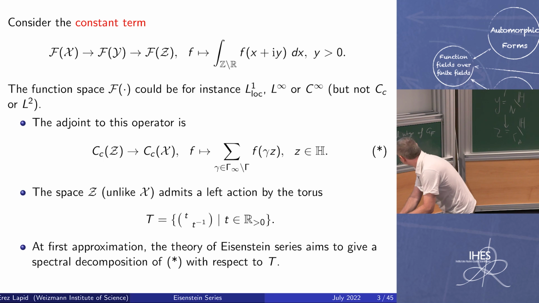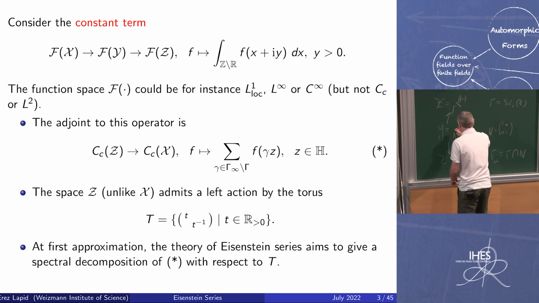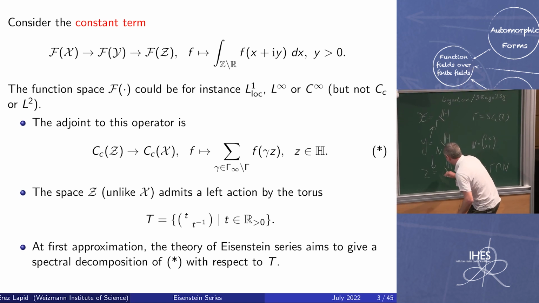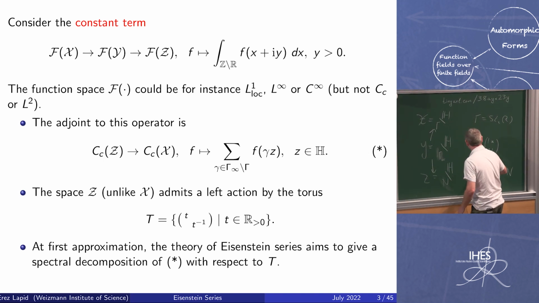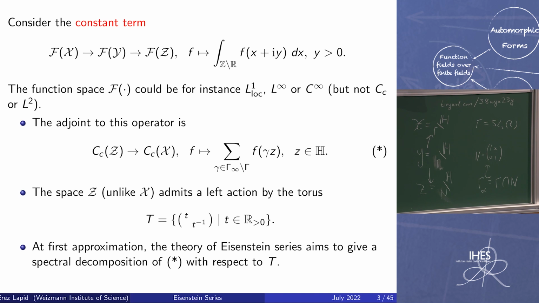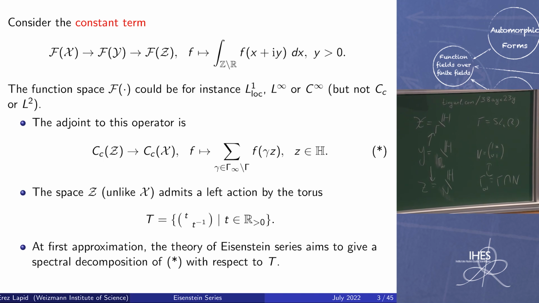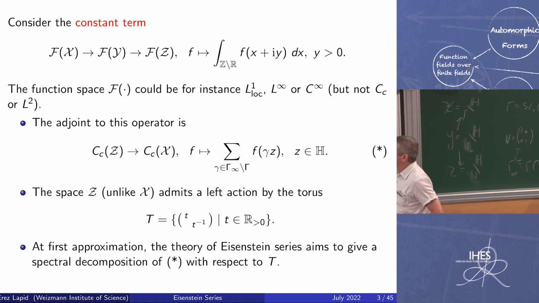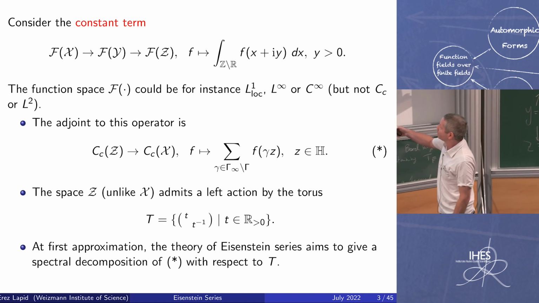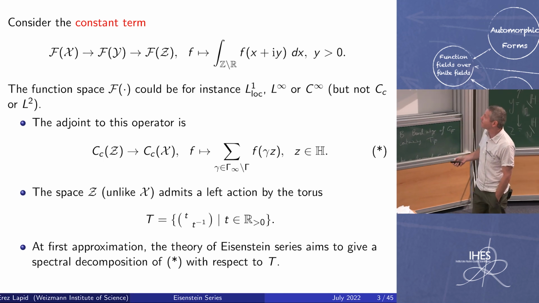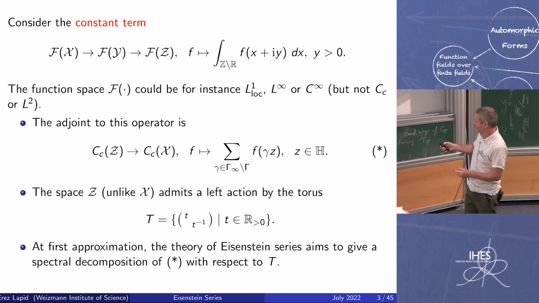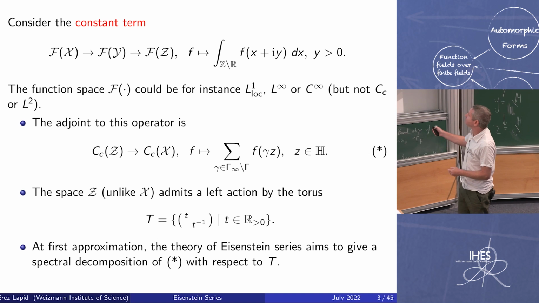Okay, so that means in particular, or essentially, you start with not a compactly supported function on Z, but rather an exponential function on Z, and you want to make sense of this thing.